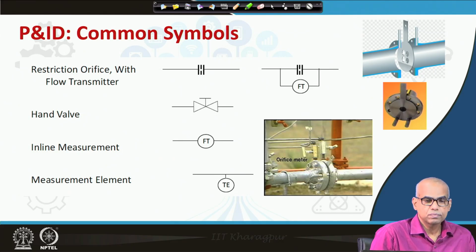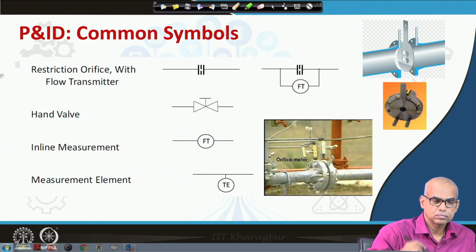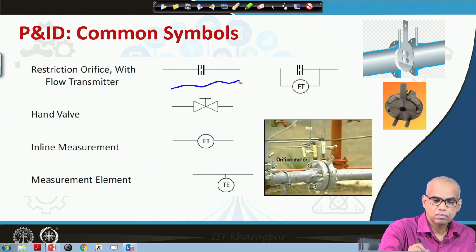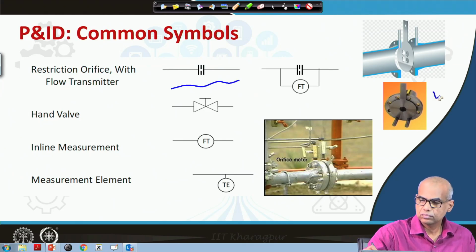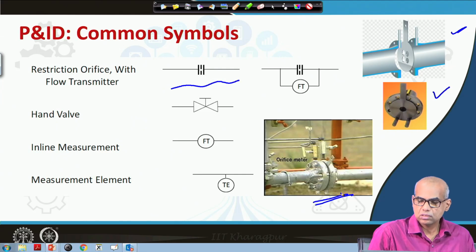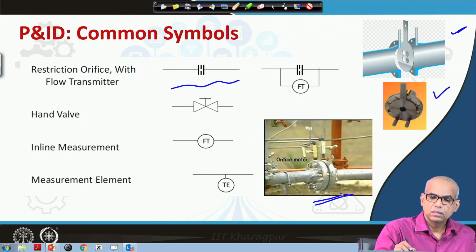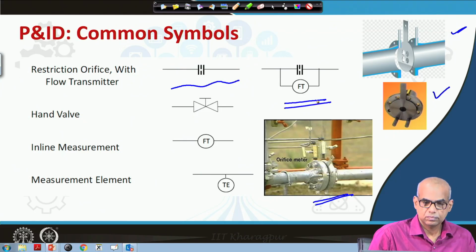Some more symbols. This represents an orifice. This image shows an orifice installed in a pipeline. This is a flow transmitter. You are measuring flow across the orifice.